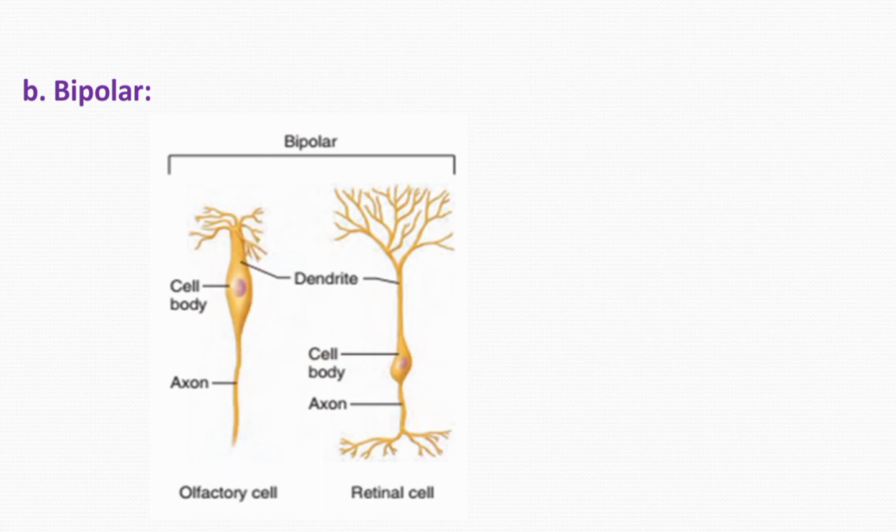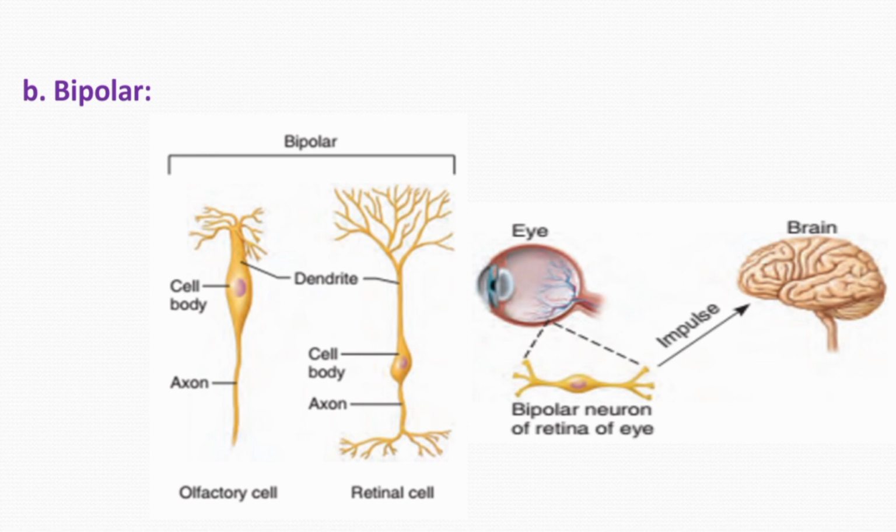Now all the bipolar neurons, you must remember, are sensory neurons, and they are located in some special sense organs, like they are present in the retina of the eye and in our nose. Here you can see a bipolar neuron which is present in the retina, and it will conduct impulses to the brain.